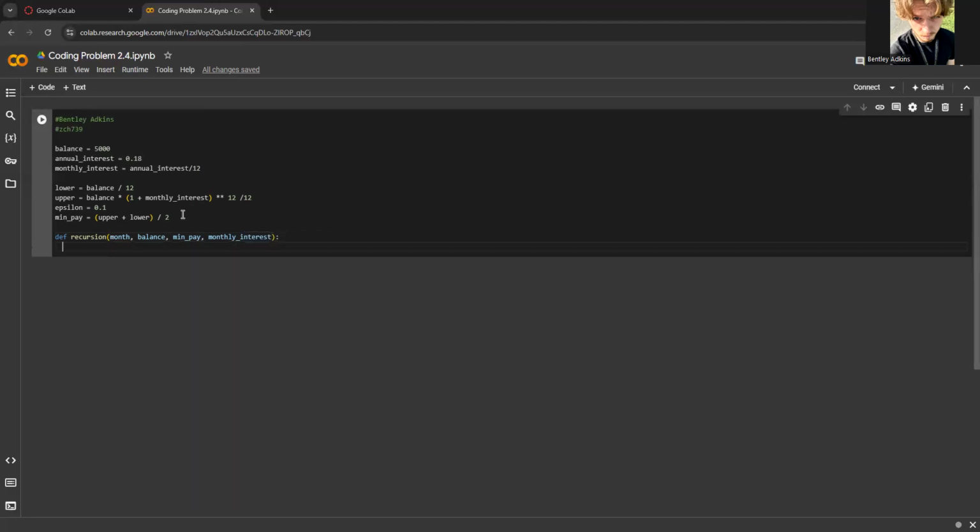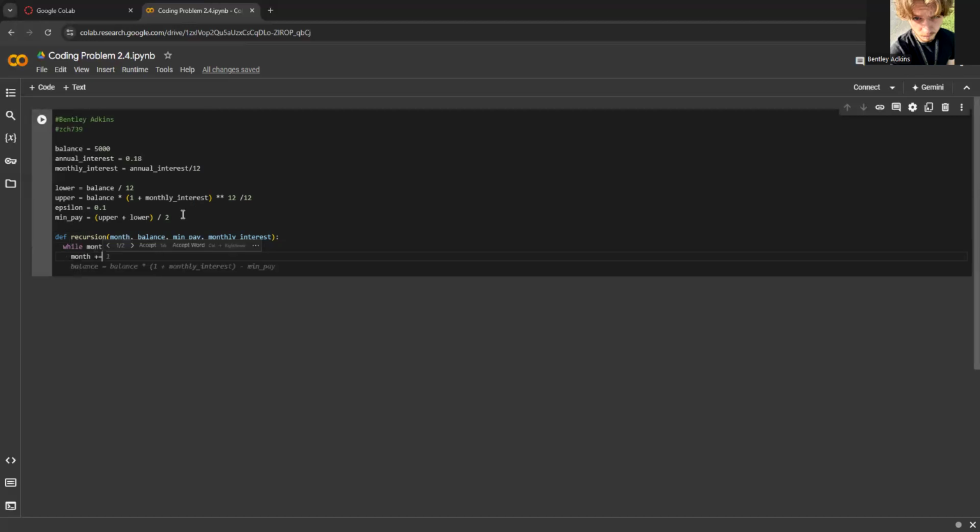And we're going to run a while loop inside this, while the month is less than 12. We're going to add 1 to each month because we're going to run a counter on it. We want it to count 1 until we reach 12 so that it happens for 12 months.